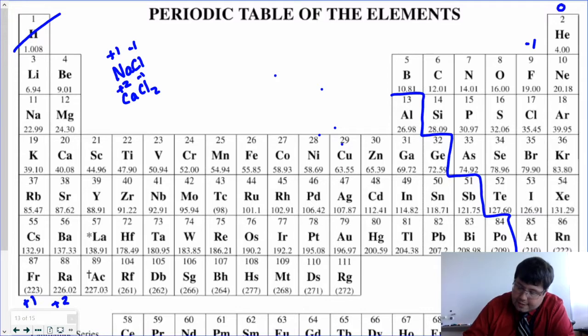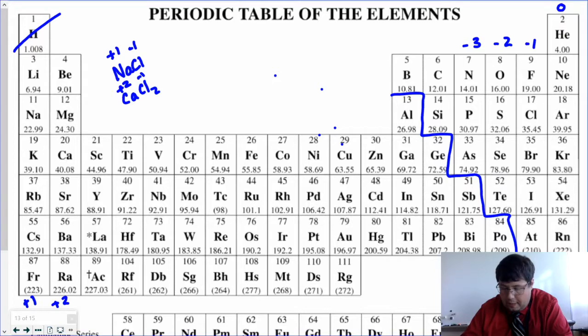Our noble gases are going to tend to have no oxidation state. They're not going to want to form chemical compounds. Ones in group 16 here, like oxygen, -2, and in group 15 with nitrogen are going to tend to form -3. And these are generally the oxidation states you're going to want to be familiar with. Now, one thing, there are 3 metals that you can nearly always know the oxidation state of, and they're very common metals to use in AP chemistry.